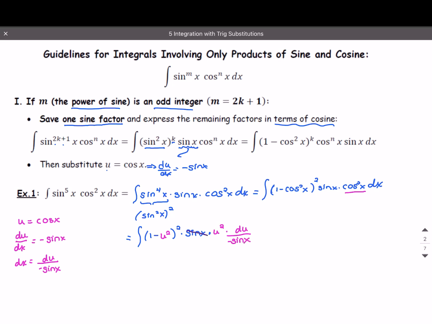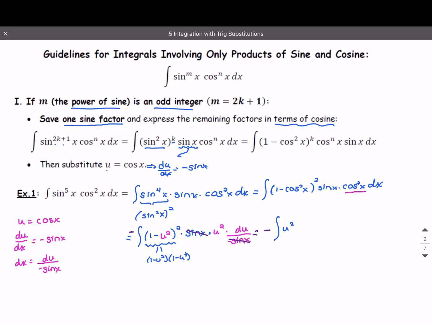Now my sine x and my negative sine x will divide out to a negative 1, which we can put up front. So in the next step, don't forget there's a negative there. And we have the integral. I'm going to bring my u squared up front. And why don't we expand this? Remember, this is 1 minus u squared times 1 minus u squared.